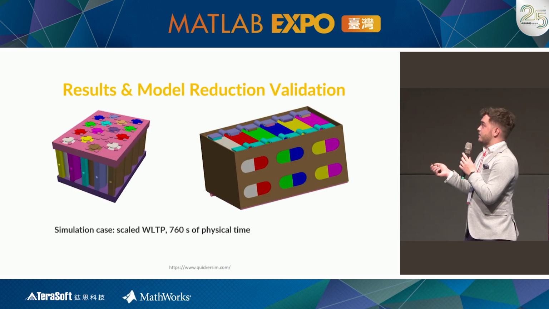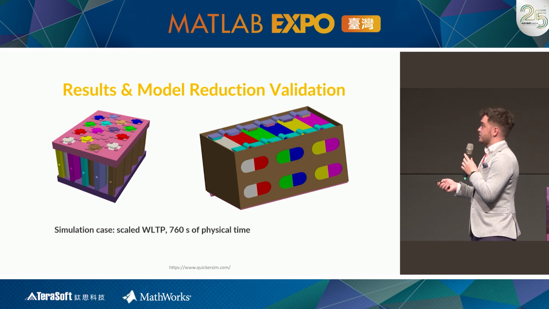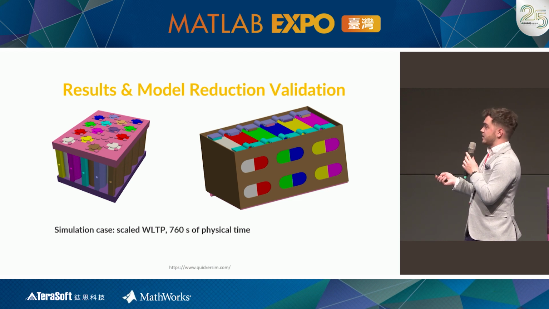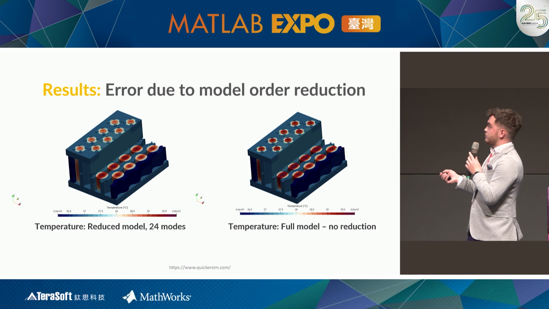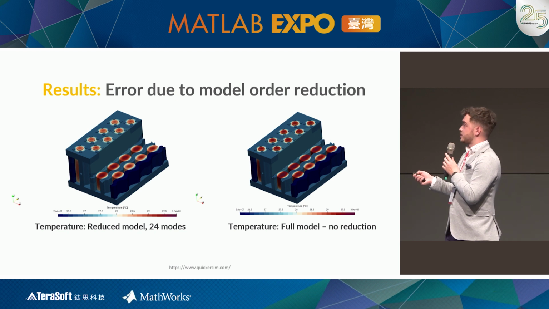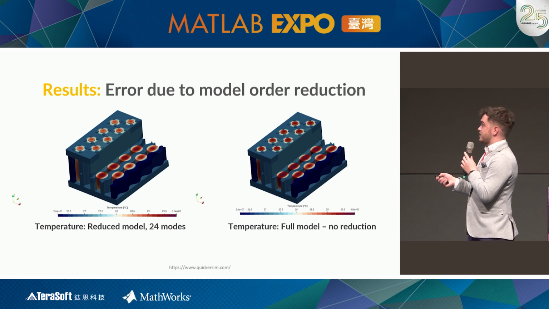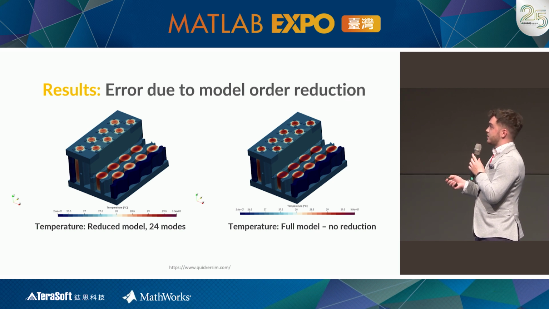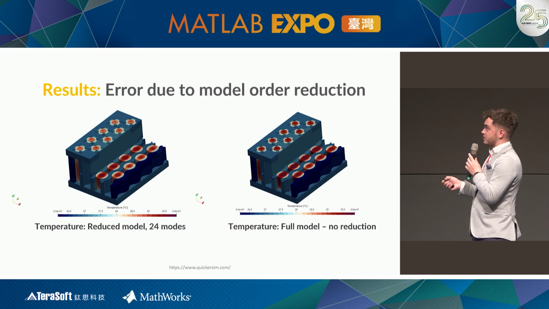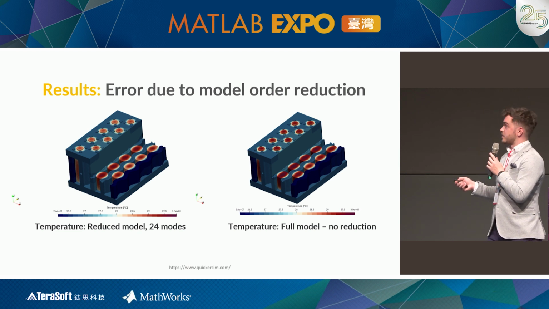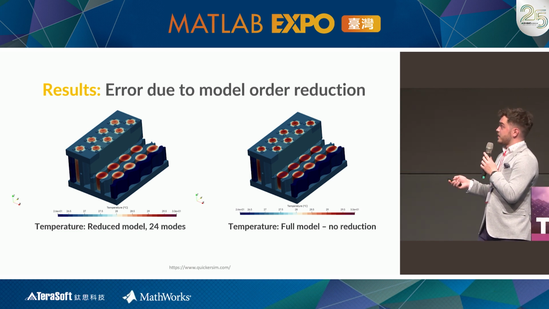So we take a very simple problem for validation purposes, and we simulate that using Cubot and using a full CFD model. You can see that there are some slight differences, for example, this red color here is a bit darker than this red color here.